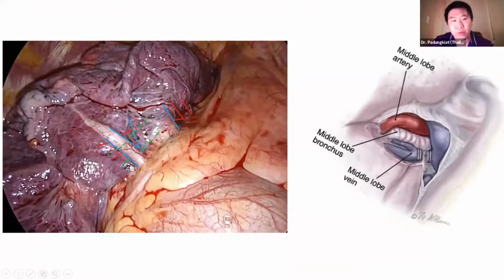So you hear that when you ask your attending as a trainee, at which lobe is the easiest, most of them will tell you it's the right middle lobe. Because if you start from the front, you get around a PV, right behind that is a bronchus. So it's not the most dangerous area to be. Okay, but right behind the bronchus is just the PA, as shown in this picture.